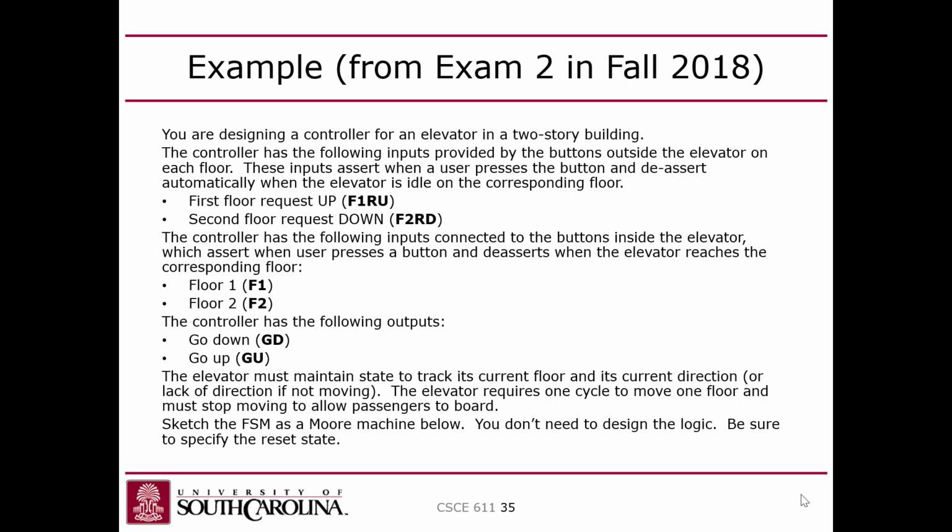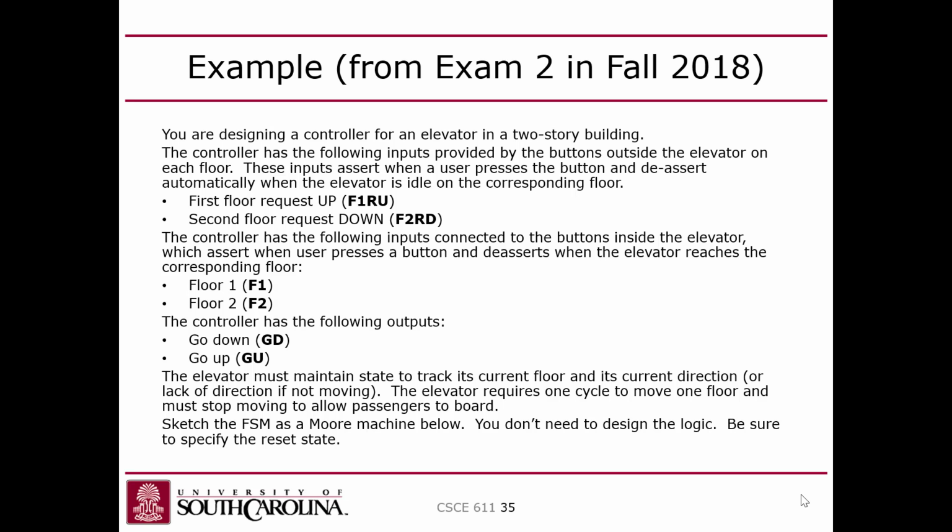So I said, you are designing a controller for an elevator in a 2-story building. The controller has the following inputs provided by the buttons outside the elevator on each floor. These inputs assert when a user pushes a button and deassert automatically when the elevator is idle at the corresponding floor. So you hit the button, it calls the elevator, and it stays asserted until the elevator gets there.